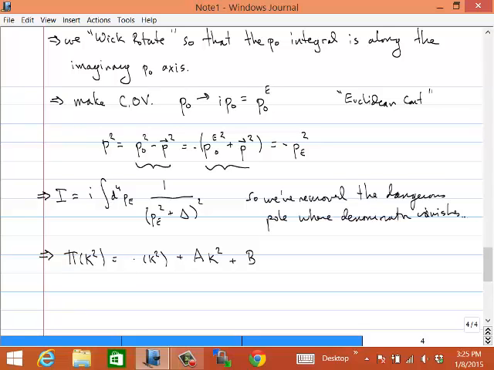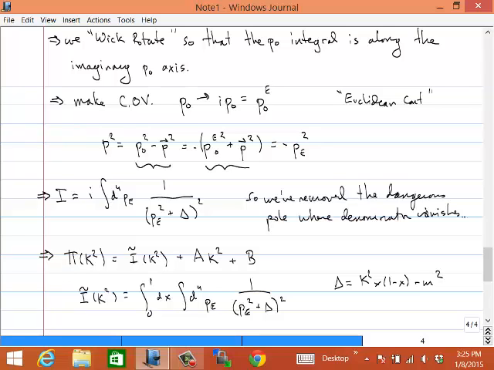Let's call it I tilde, where I tilde is the integral dx times the integral d4p 1 over p Euclidean squared plus delta squared, where delta is k squared x times 1 minus x minus m squared.